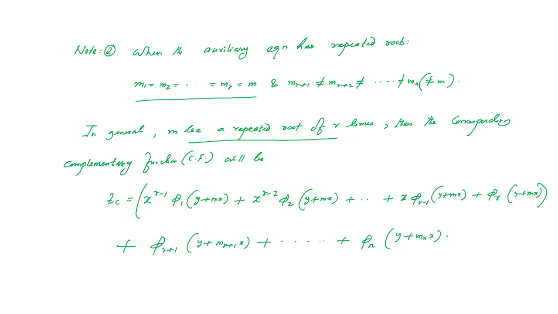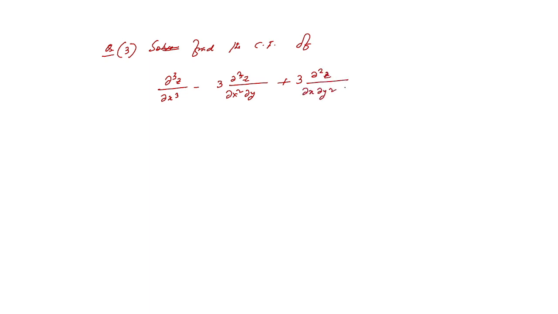So now here the question is, when the auxiliary equation has repeated roots, you are given a question: find the complementary function of del cube z del x cube minus 3 del cube z del x square del y plus 3 del cube z del x del y square minus del cube z del y cube equals 0.